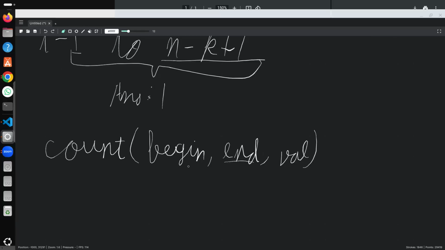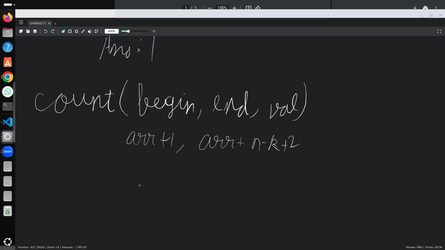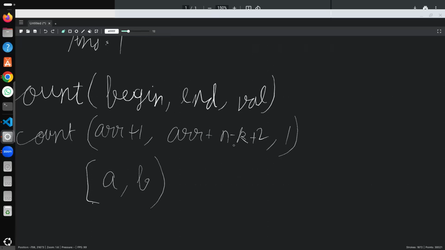So I passed in arr plus 1 for the first index, and I need to count till n minus k plus 1, so I give it arr plus n minus k plus 2, because it takes a half-closed interval. If you give it a comma b, it counts in a half-closed way. So I give it this and 1. Got it? Okay.